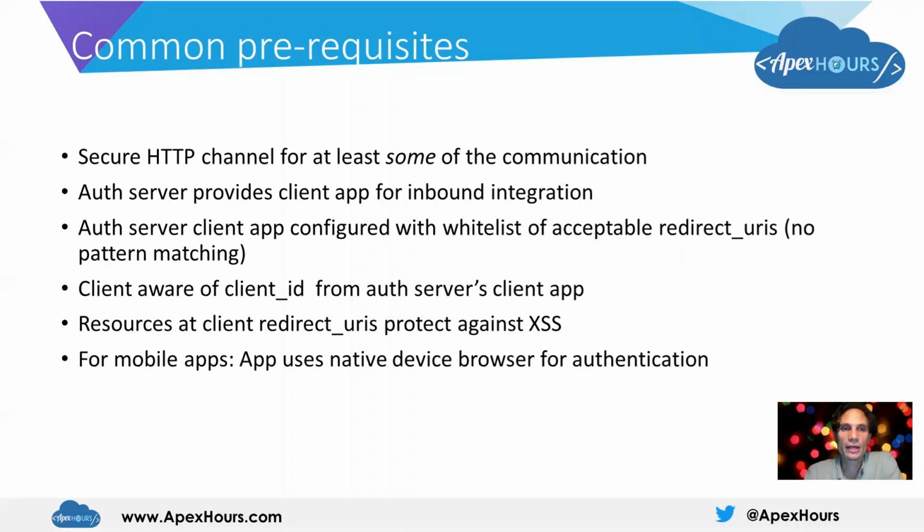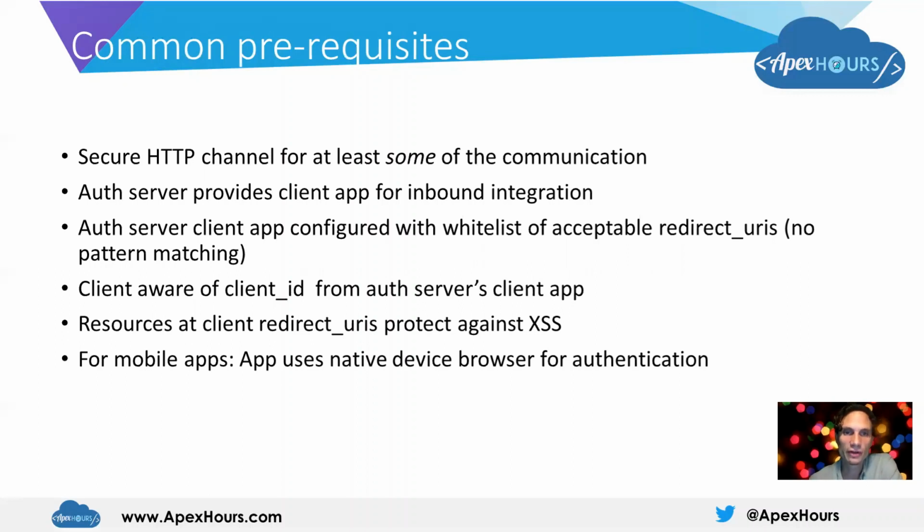Firstly, that we have some secure HTTP-based method of communication between the client and the authorization server. Ultimately, the end goal of each of these flows is for the authorization server to issue tokens, which do need to be protected. So we'll want at least some of the communication to be over a secure channel, typically HTTPS.